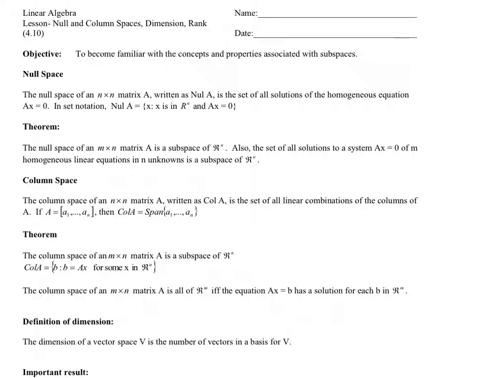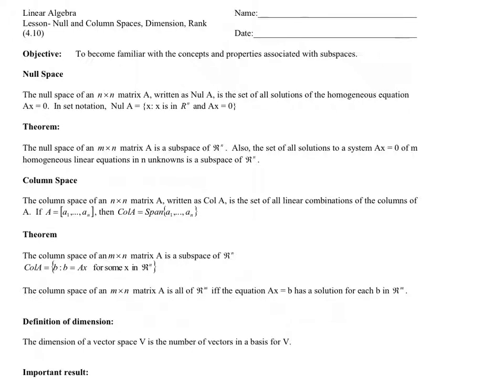Now, column space is a set of all linear combinations of the columns of A, also talking about the span. When we talk about the column space of a matrix, what we're talking about is the relevant columns, or the minimum number of columns necessary to create a span for whatever the system is that you're dealing with. Because let's say, for example, you have a 4x7 matrix, so 4 rows, 7 columns.